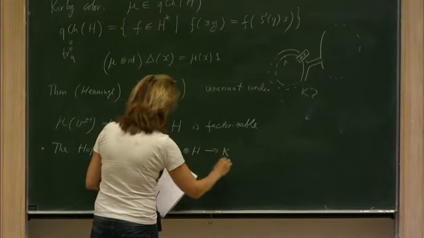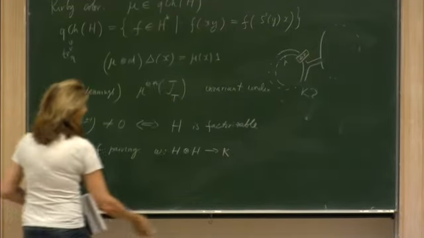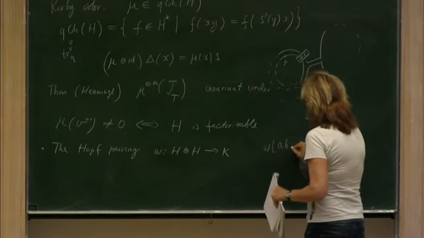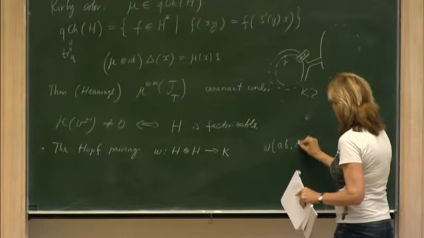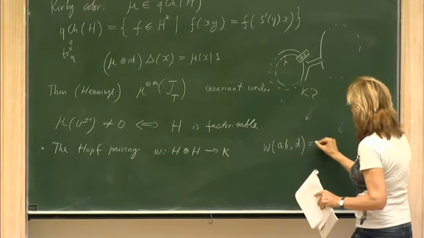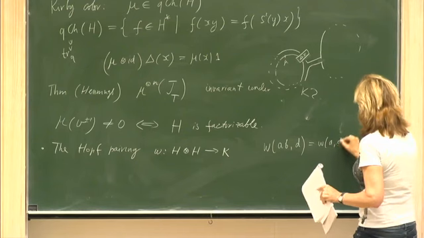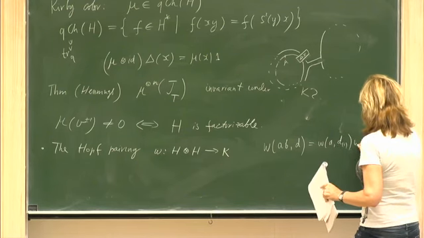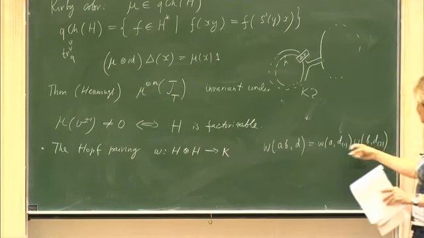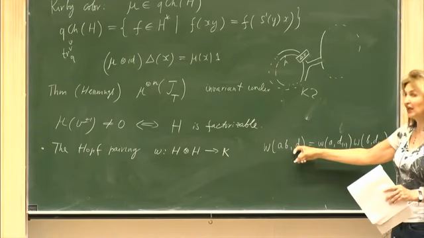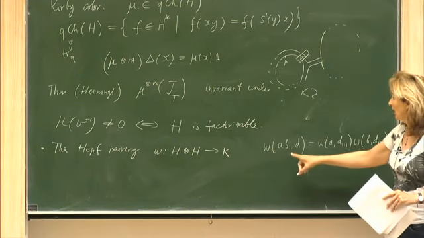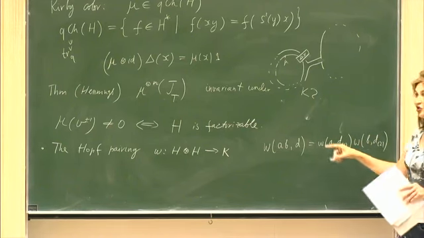So K is my scalar field, and this Hopf pairing is characterized by the property that omega of A times B paired with D is the same as omega A paired with D1, omega B paired with D2, where these are the parts, this is Sweedler notation for the delta of D. This means that with respect to this Hopf pairing, multiplication and co-multiplication are adjoint to each other.